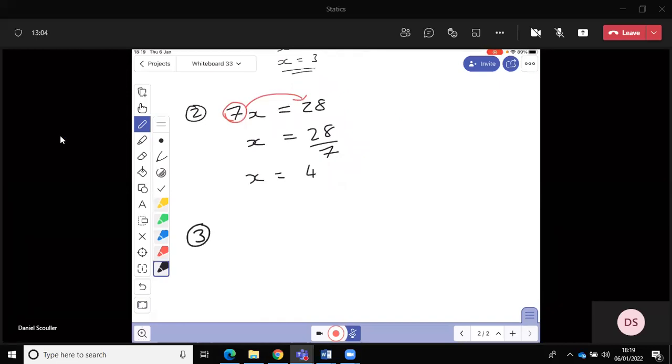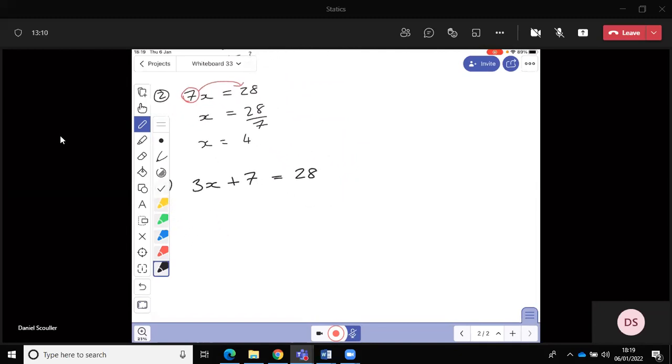Throwing some more things in. We spoke quite extensively about how when we're rearranging, we want to do sort of reverse BODMAS: brackets, order, divide, multiply, add and subtract. That's just a way we can organize the order in which we carry out calculations.